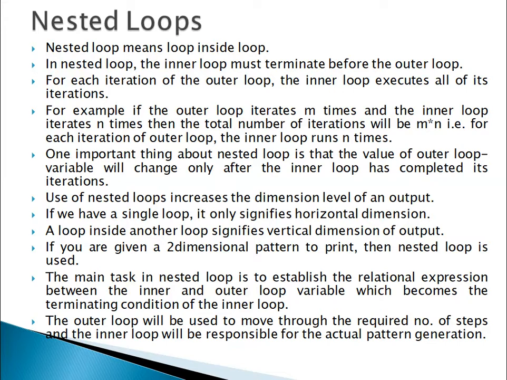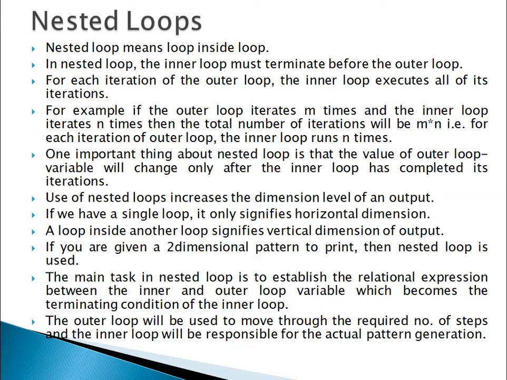So after 60 ticks of the minute hand, the hour hand ticks 1. Then the minute hand ticks 60 times, then the hour hand ticks 1. So this is how the nested loop works. The inner loop will move the given number of times. After its complete set of iterations, the upper loop will move one step forward. Okay.